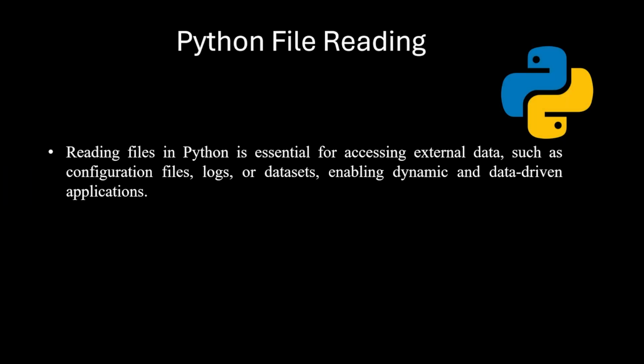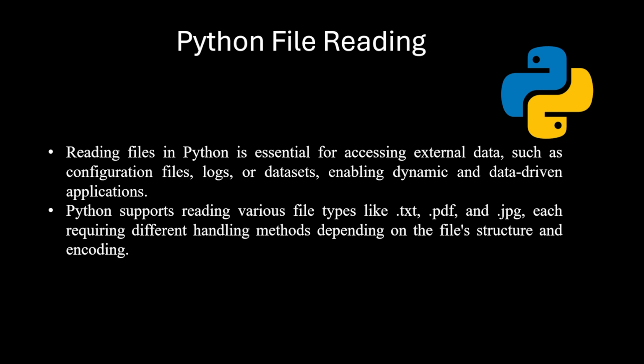Reading files in Python is essential for accessing external data such as configuration files, logs, or datasets, which enables dynamic and data-driven applications. Most of the applications today depend on small or large files, which are manipulated through the runtime.